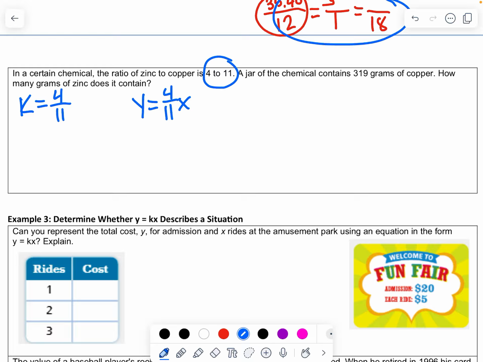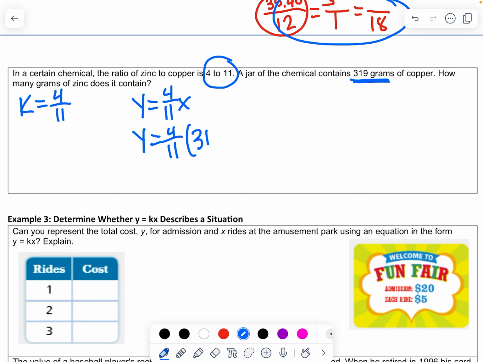And then if the jar of the chemical contains 319 grams of copper, how many grams of zinc does it contain? We got to plug 319 grams into our equation. So that's going to be our x. So it's going to be y equals 4:11 times 319. So I'm going to put that in my calculator.